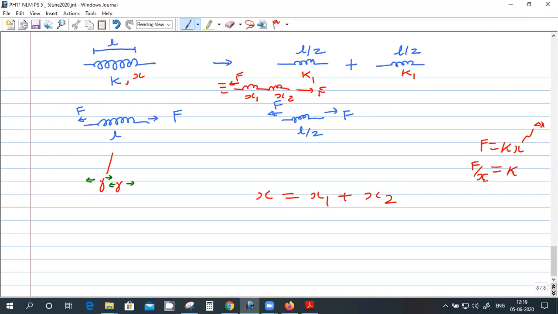Is it clear? Because the points are same. Suppose I call this point A, this is point B, and I'm applying the same force F here also. So I'll divide by F throughout. What is x by F?